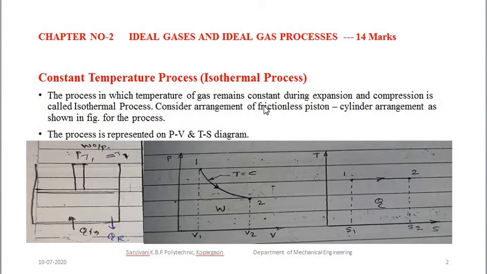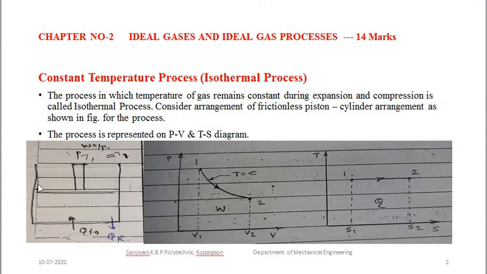So in this case we are considering the piston cylinder mechanism, but what is the requirement for this mechanism? It should be a frictionless piston cylinder arrangement. So friction should be zero, so that internal heat will not be generated during the process. Therefore in this process we consider that the temperature remains constant.